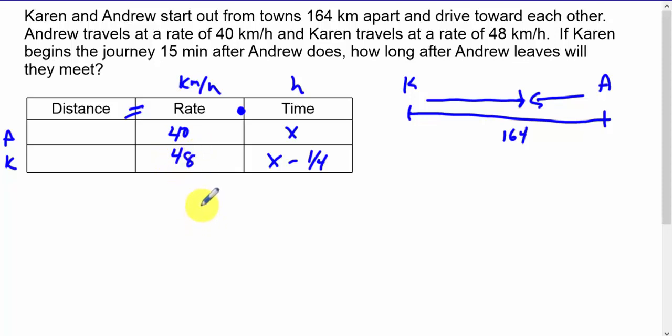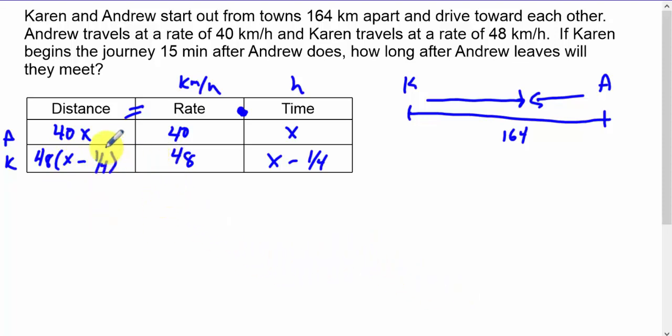Now, here's where I stop plugging into the chart, because right now I have two columns completely filled out, and I have a relationship between my distance, rate, and time. So I can multiply over now to get an expression for my distance for Andrew, and multiply over and get an expression for my distance for Karen.